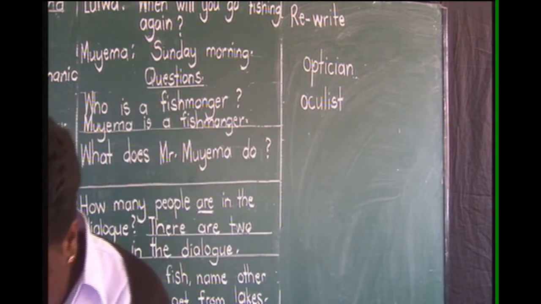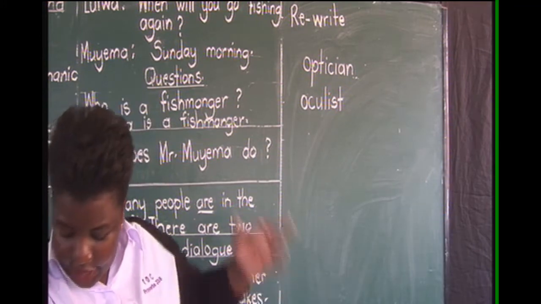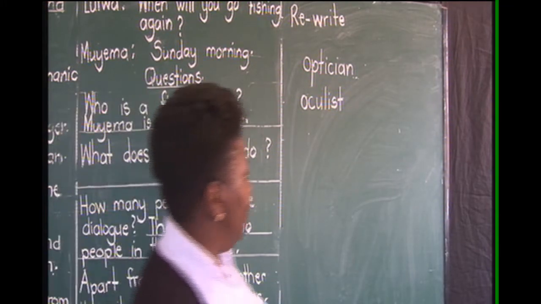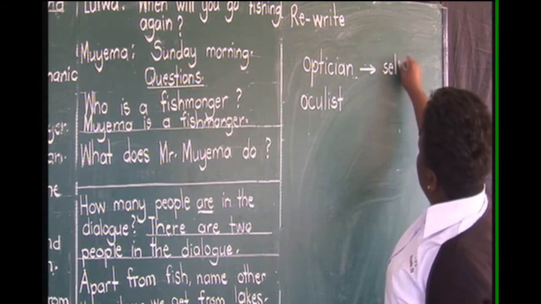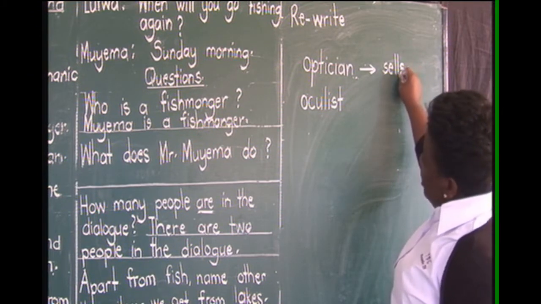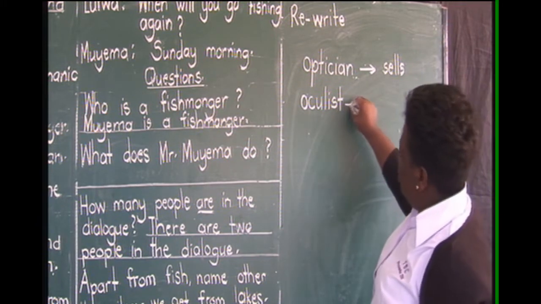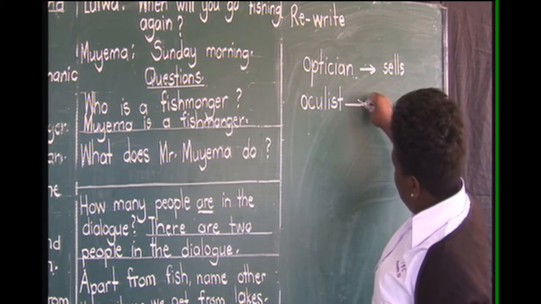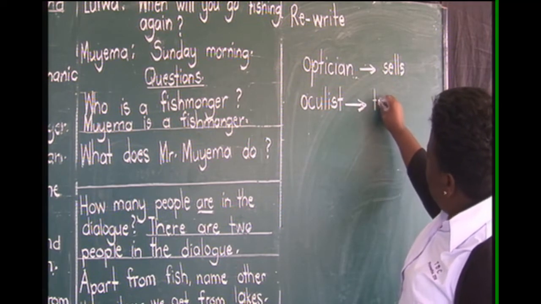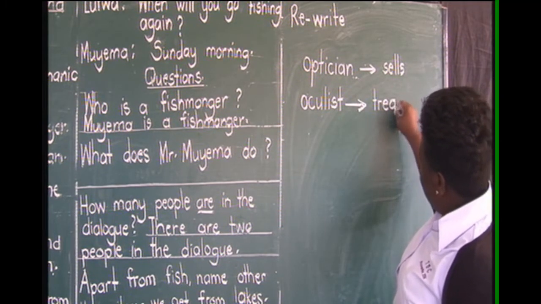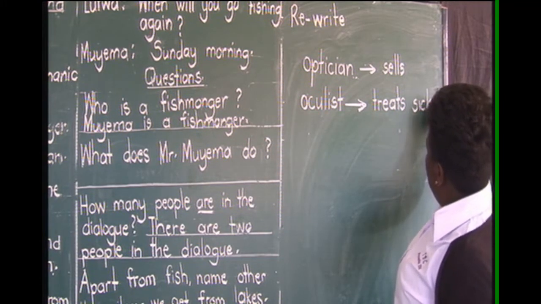So an optician sells things like eyeglasses. But an oculist treats sick eyes.